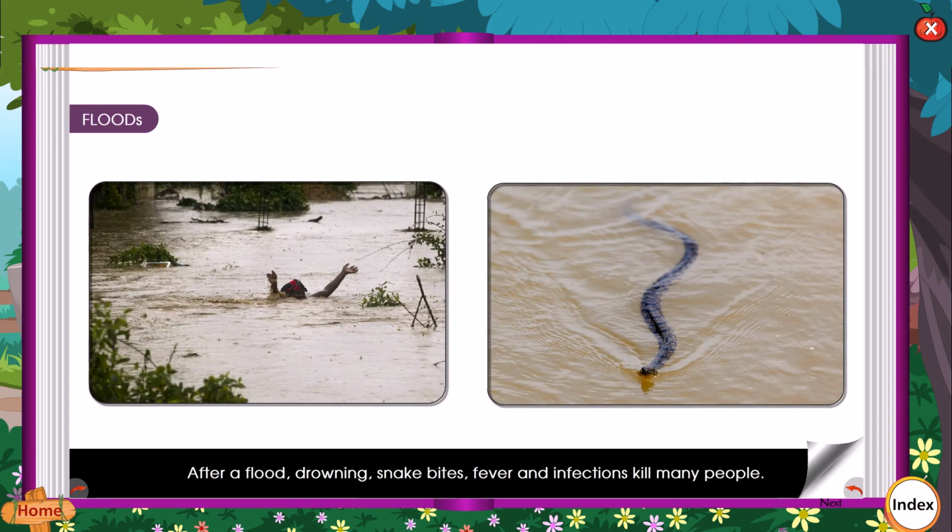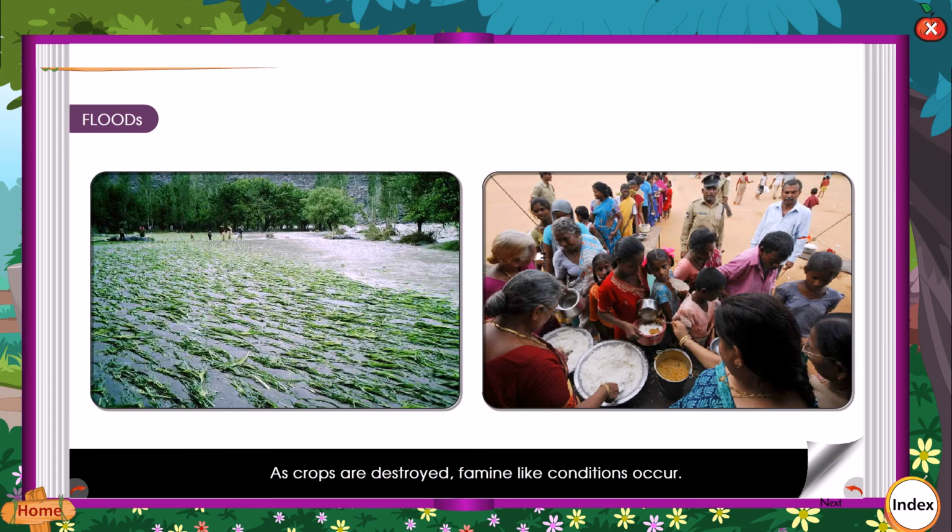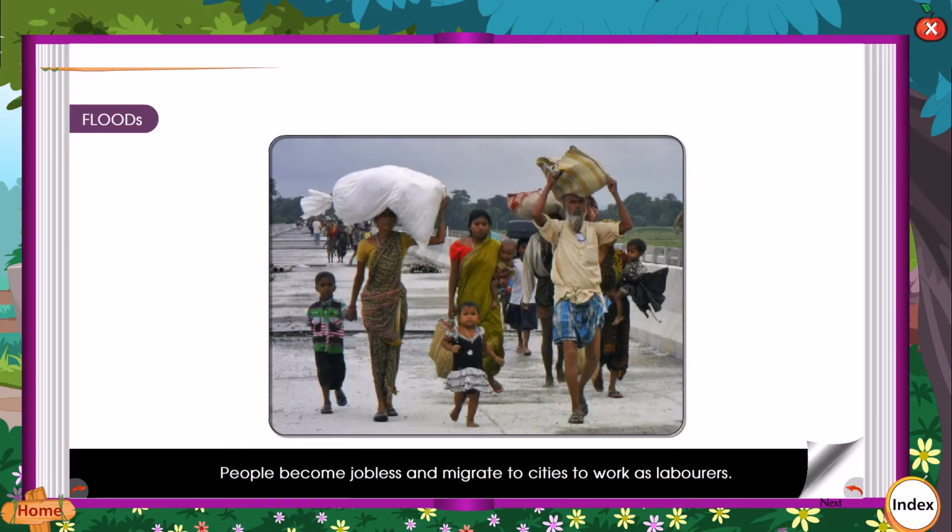After a flood, drowning, snake bites, fever, and infections kill many people. As crops are destroyed, famine-like conditions occur. People become jobless and migrate to cities to work as laborers.